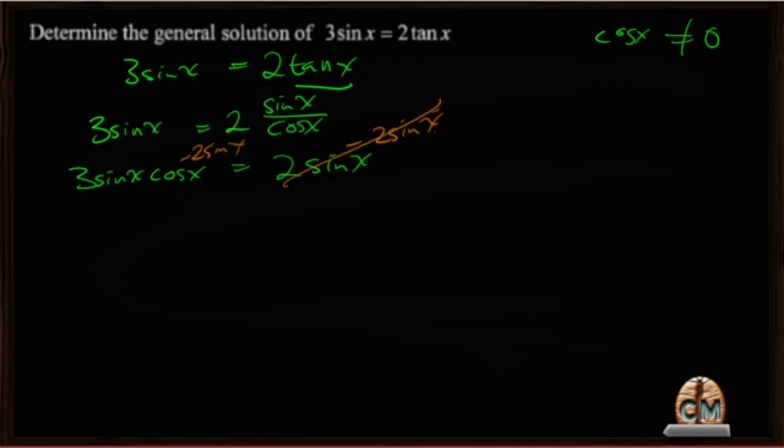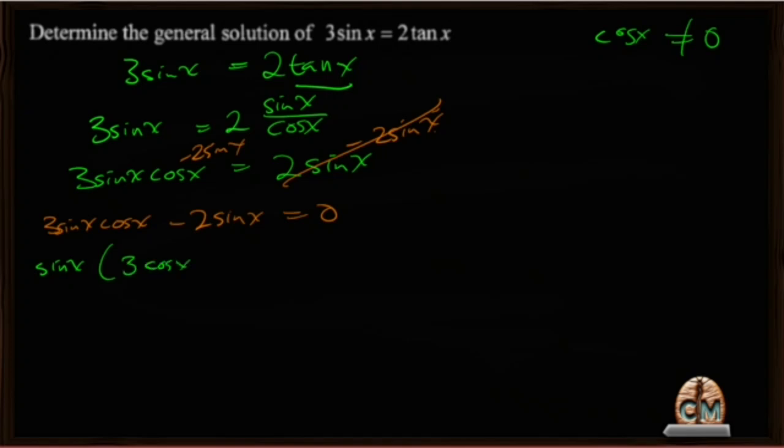That zeroes out as we want it to, and we'll have 3 sine of x times cosine of x minus 2 sine of x all equal to 0, which allows us to take out the common factor of sine of x. Just algebra popping its beautiful head out where we least expect it.